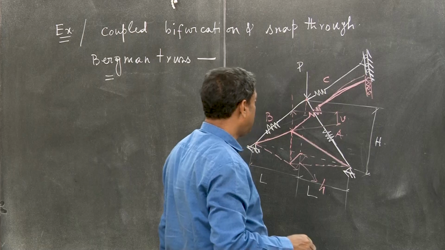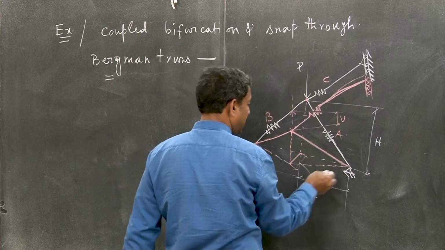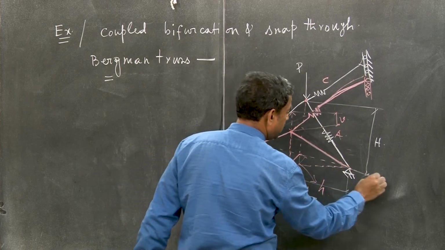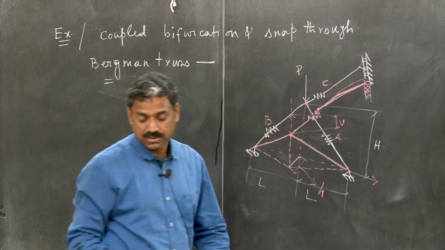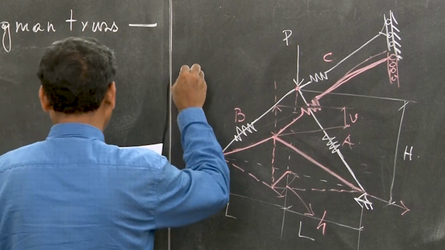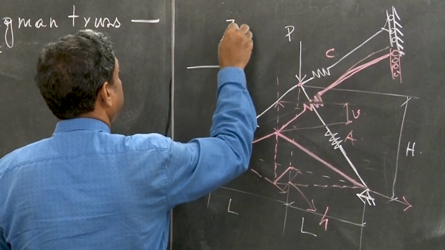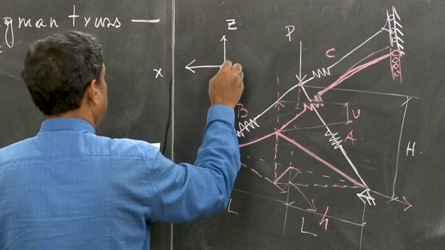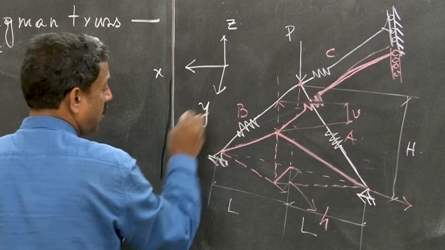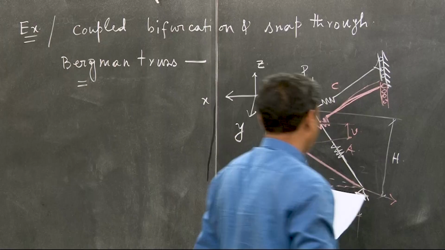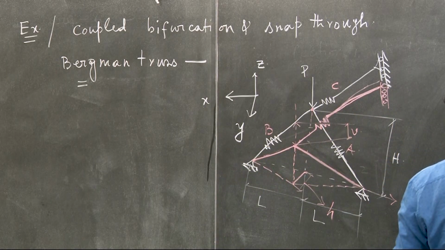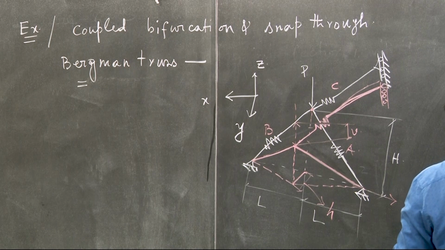Now maybe this is x, I will add z, this is x, and this is y. So if I show you this view, the xz plane, how does it look?